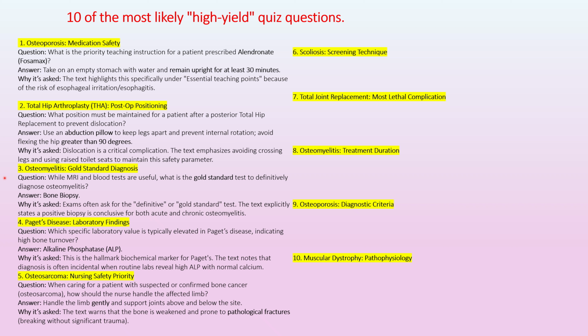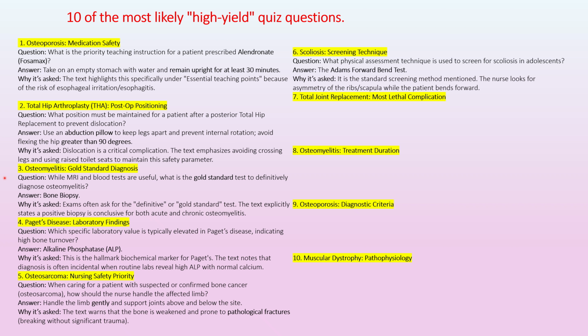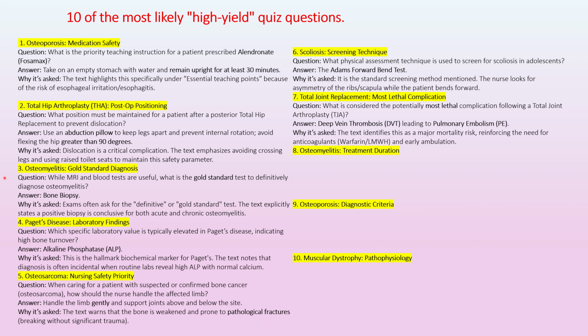Scoliosis screening technique. What physical assessment technique is used to screen for scoliosis in adolescents? The Adams forward bend test. It is a standard screening method mentioned. The nurse looks for asymmetry of the ribs and scapula while the patient bends forward. Seven, total joint replacement, most lethal complication.